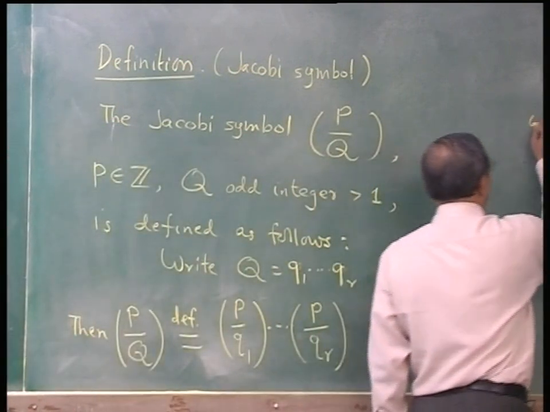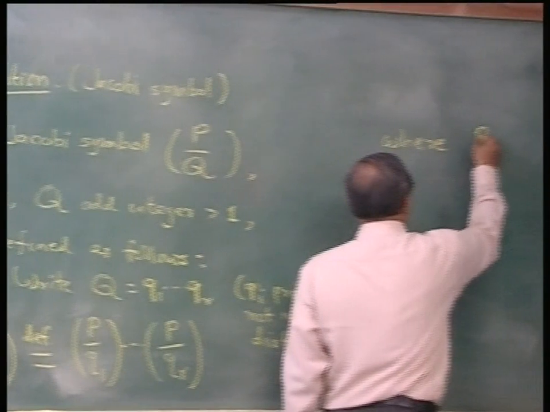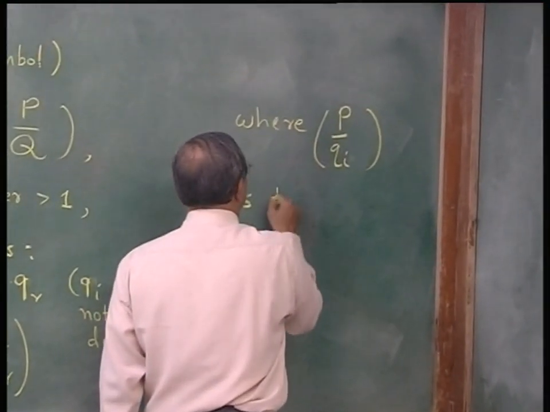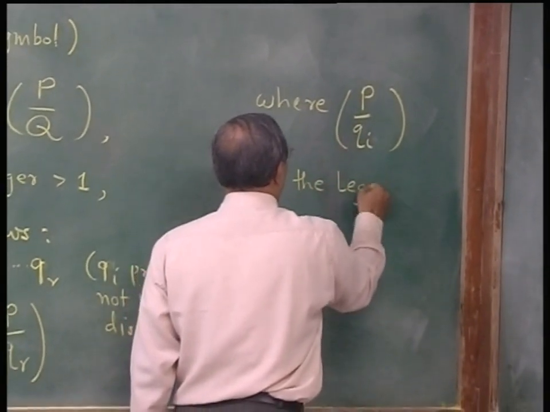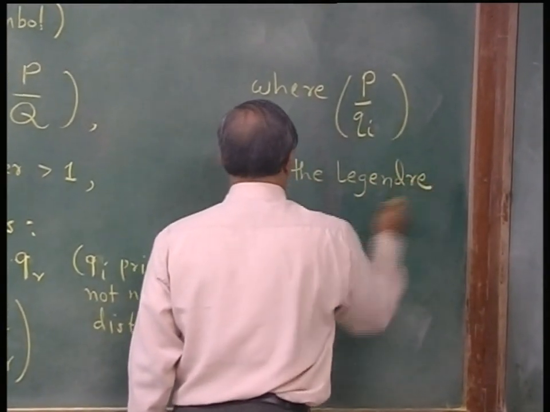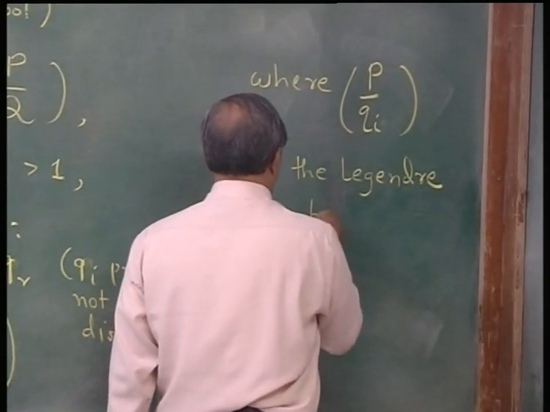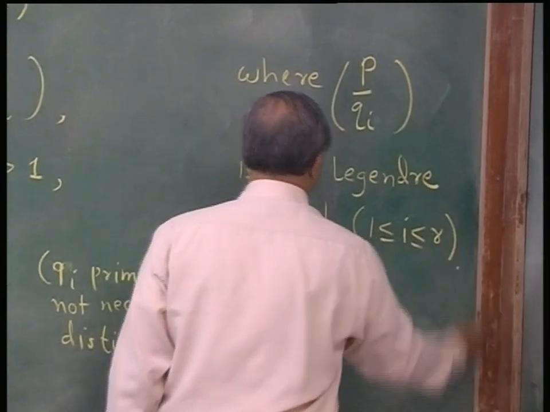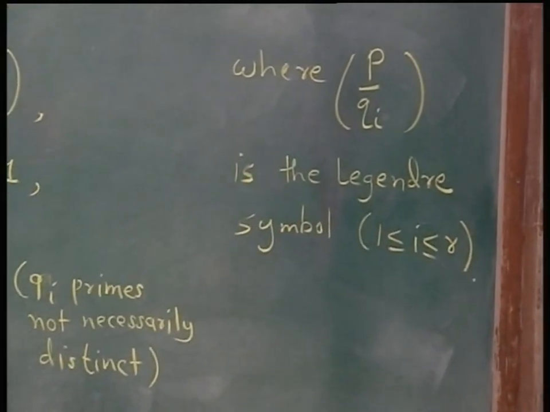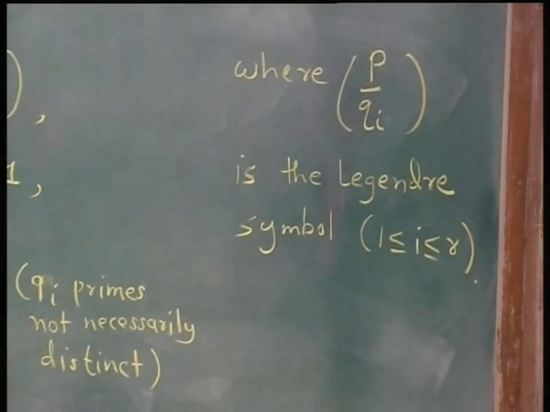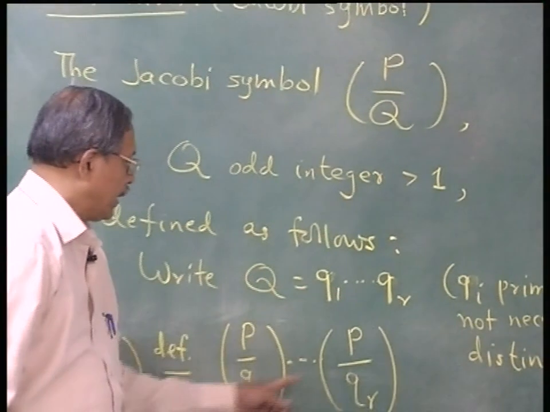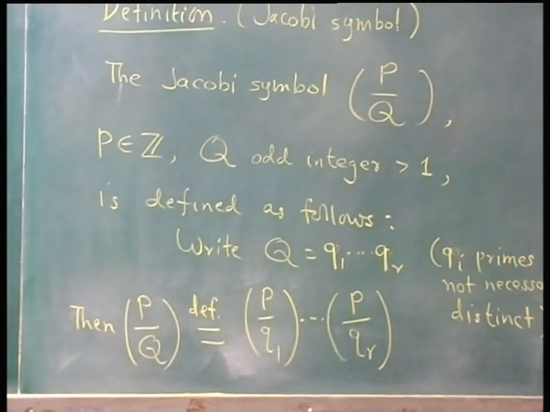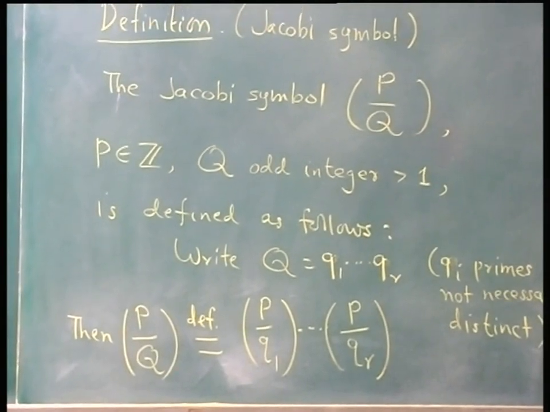Where P by Qi is the Legendre symbol for 1 less than or equal to i less than or equal to R. So you write Q as a product of primes and using the Legendre symbols P by Q1, up to P by QR, you define the Jacobi symbol.